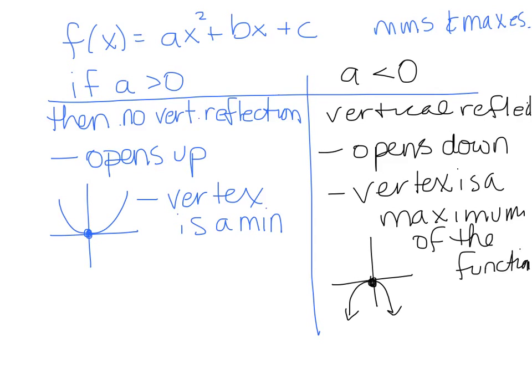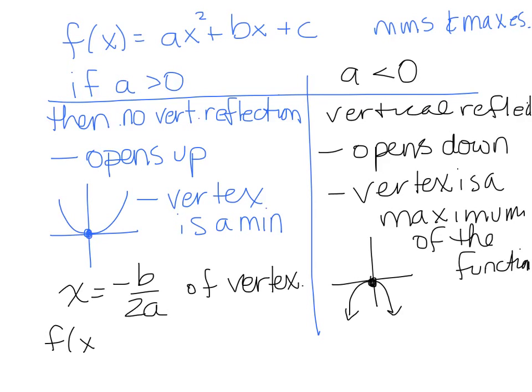Remember, we had that formula, x is equal to minus b over 2a, for finding the x of the vertex. So now that's for the minimum and maximum too. But the f of x is the min or max. Okay, so that's that.